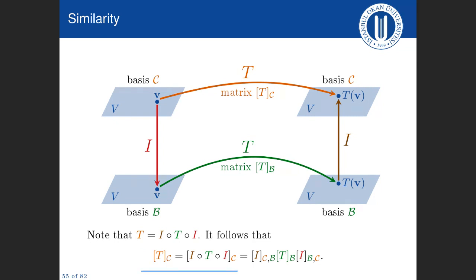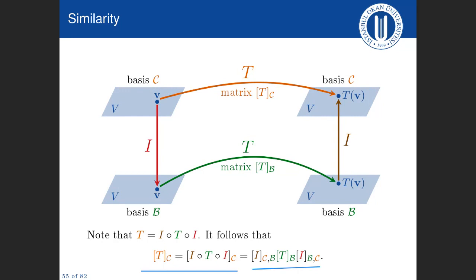The matrix for T with respect to C must be the matrix for I composed with T composed with I with respect to C. But as we've seen, if we're doing compositions of linear transformations, we just multiply their matrices together.